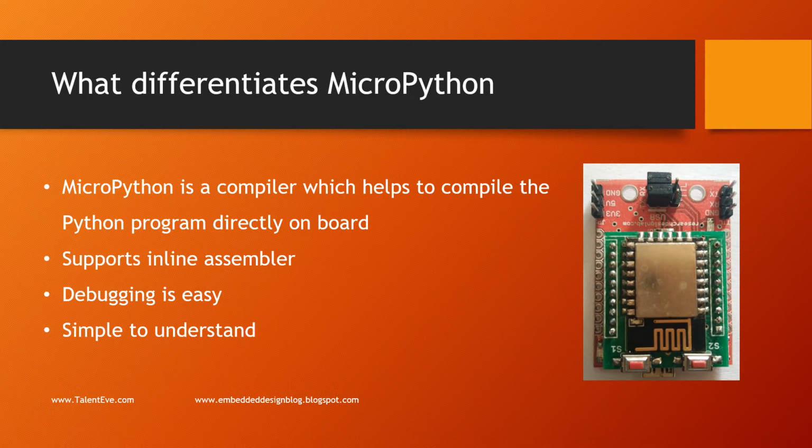So if you are trying to build an application with MicroPython in mind, you can understand how easy it is, considering the ease of use of Python. Also, because it's a very high-level programming language, understanding the code is easy, and debugging the code is also easy.